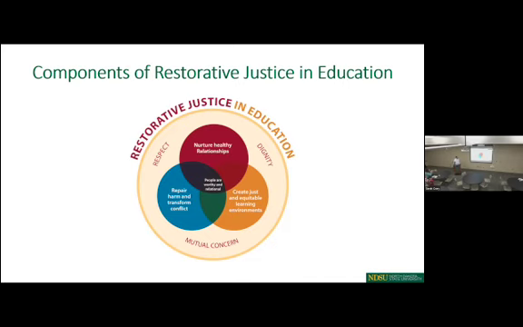And the core values that come along with that when we're talking about restorative justice are respect and mutual concern for others. And so that really leads into the three things that we see in restorative justice and education, which is we nurture healthy relationships, we create just and equitable learning environments, and we repair harm and transform conflict.